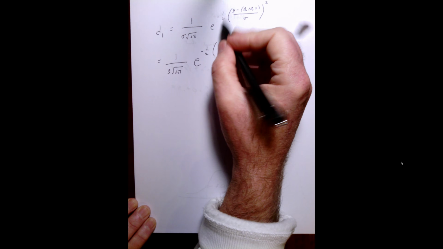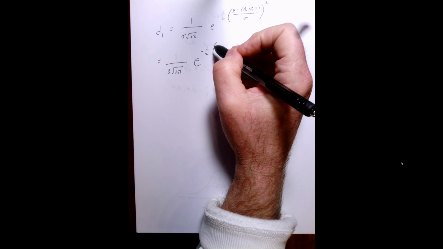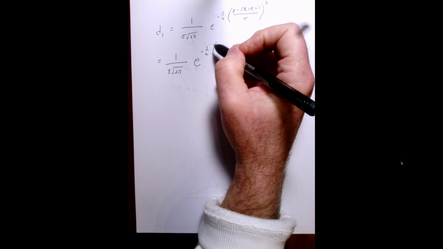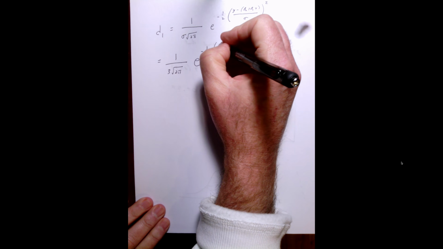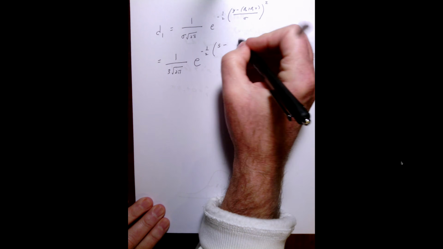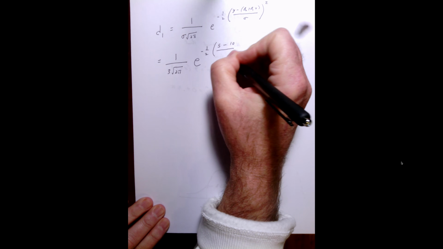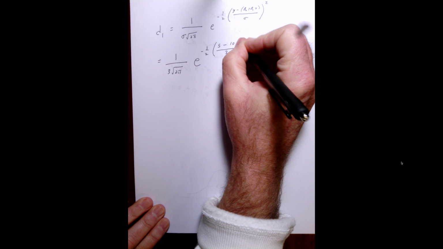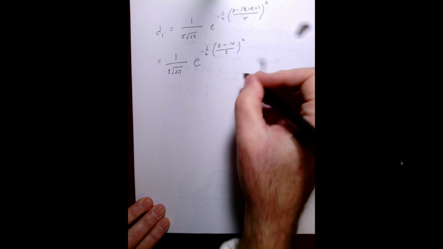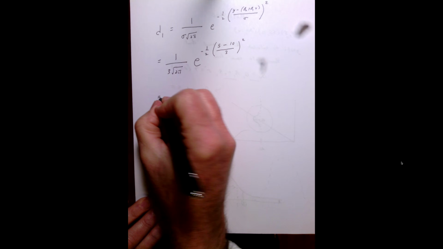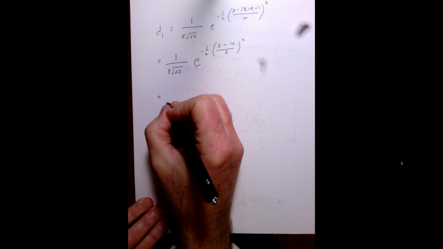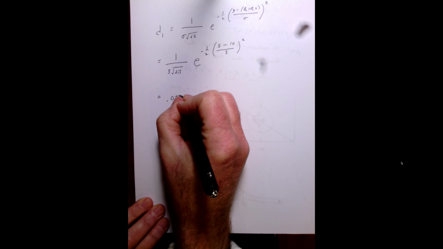So here we get y, which for the first case was 5. The mean turned out to be 10, and the variance was 9. If we put this in our calculator, I did this beforehand because I didn't want to take up time, we get 0.0332.